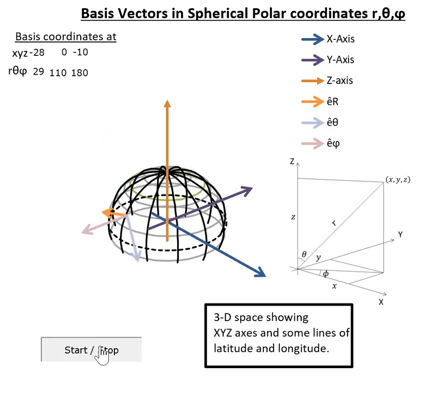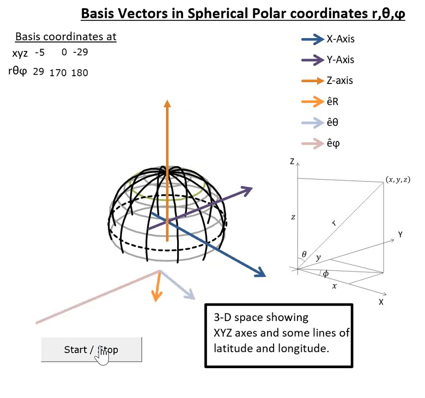Okay, so we just carry on a bit more. It's a bit jerky sometimes, apologise for that. We're now going back the other way around. Now you see something quite odd happen as we went over the South Pole. The phi basis vector completely changed direction. If you think about that, that's entirely correct.